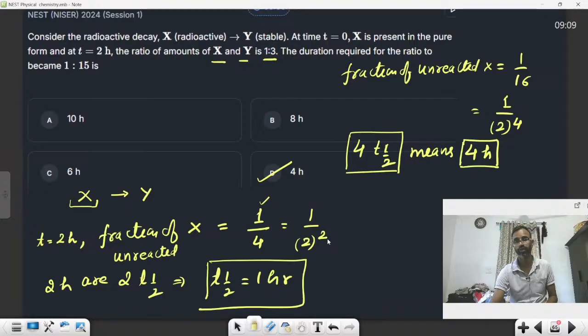So that means it needs 2 half-lives for getting this fraction. So now time required for this is 2 hours. So 2 hours are 2 half-lives, means 2 half-lives equal to 2 hours. So 1 half-life is equal to 1 hour. That's it.